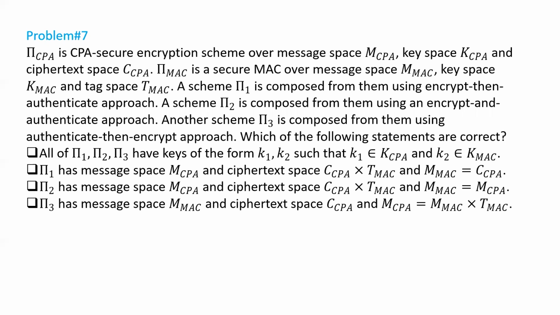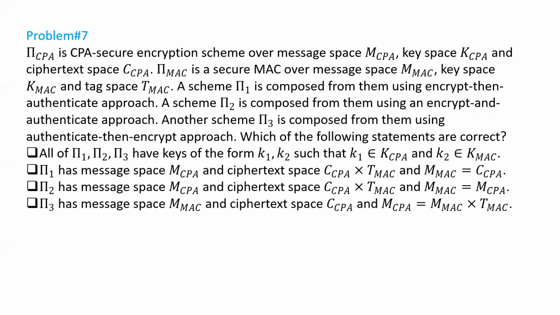Another scheme Pi3 is composed from authenticate and then encrypt approach. So there are 3 approaches, Pi1, Pi2, and Pi3 are composed in these 3 approaches. And there are some comments about message space, key space, and ciphertext space of these 3 schemes, Pi1, Pi2, and Pi3. Which of the following are correct?